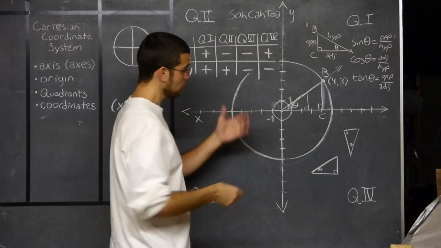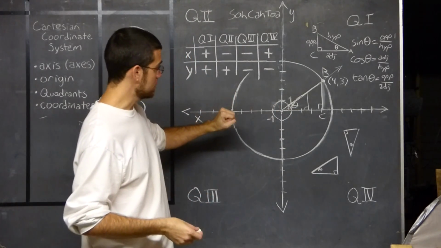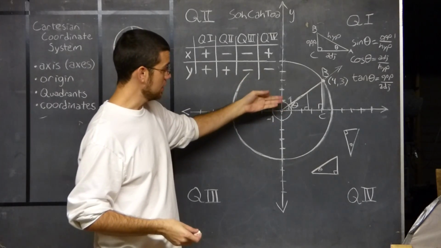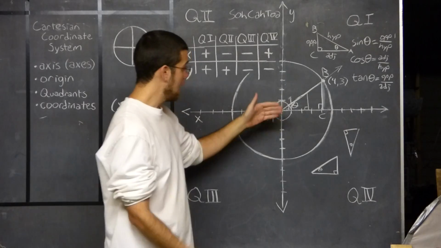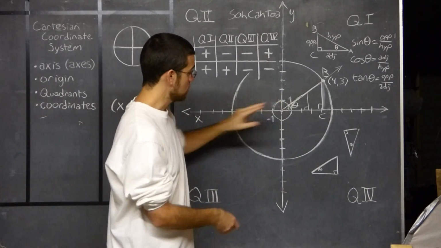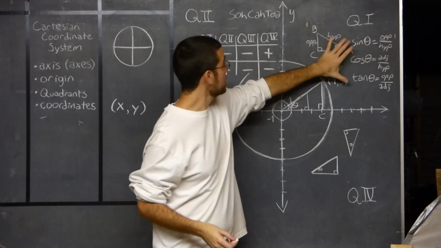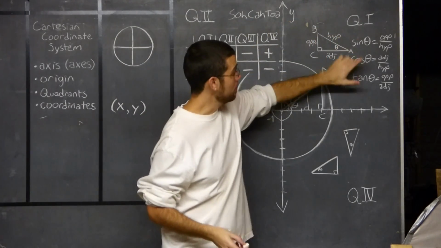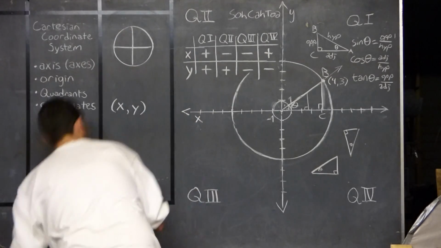Then we have this new situation where we can talk about the sine and the cosine and the tangent of that angle in terms of a hypotenuse length of 1. Now that does an interesting thing with our SOHCAHTOA. It makes the hypotenuse change to 1.